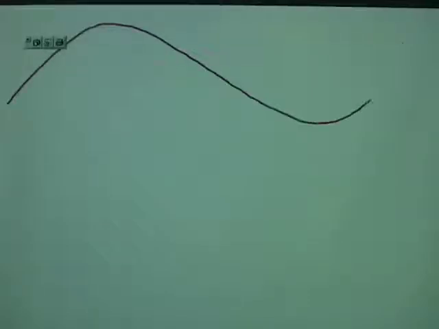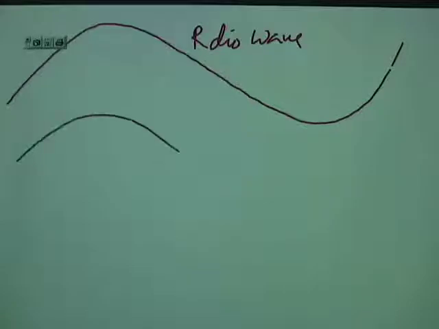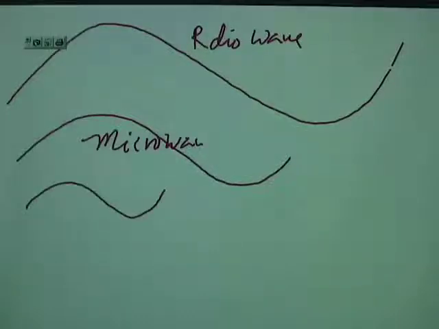All right. Now, let me see if I can illustrate that by drawing waves for you. Now, the longest of all waves, if this is a very long wave, well, that could be a radio wave. Now, if the wave becomes smaller, it could be a microwave. Now, it becomes smaller, there you have infrared.